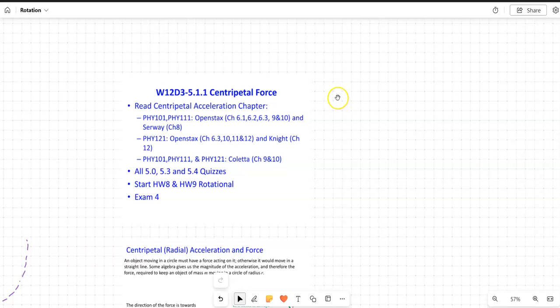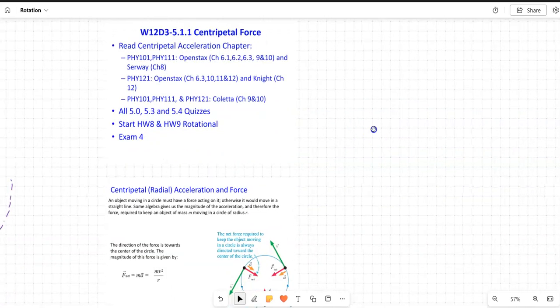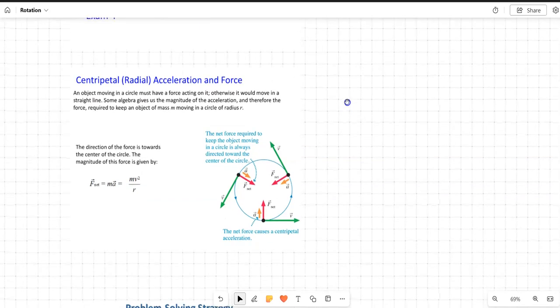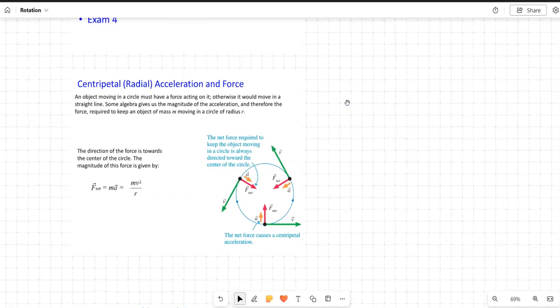Hello, we are continuing on with our rotational 5.0 module, and we're now at centripetal force, which carries over from centripetal acceleration. So again, centripetal acceleration is radial, it's along the radius, and essentially a centripetal force is a result of the centripetal acceleration.